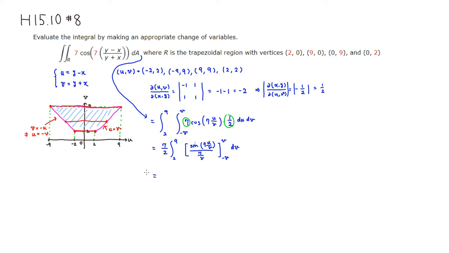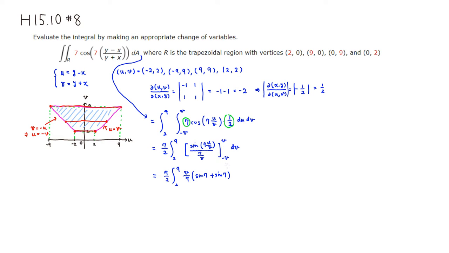So this is going to be equal to 7 over 2 outside, integral from 2 to 9, of 7 over v, which is a reciprocal, so it's v over 7. Then if you plug in v, you have a sine of 7, minus, and plug in negative v, so it's sine of negative 7, which is the same thing as positive sine of 7.